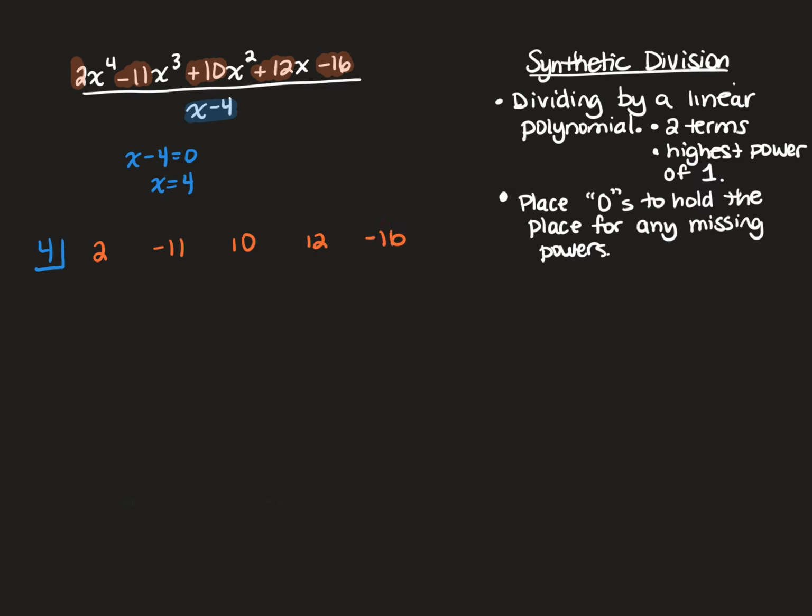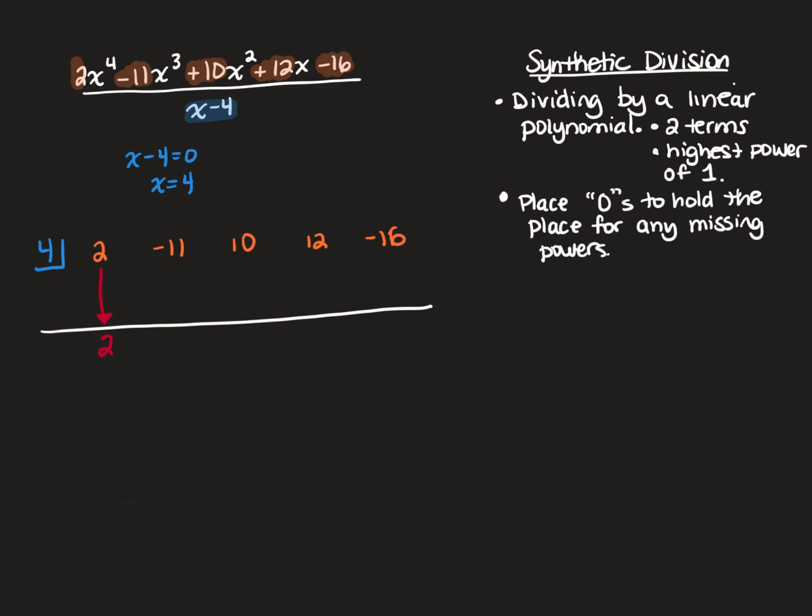I'm just going to write those coefficients. And then I leave a space, and I draw a line. Okay, so this can be a little bit quicker than using the box. And this is why I'm showing it to you, because it might be something that you want to try occasionally. What I do to start this whole process is I bring this 2 down below that line.